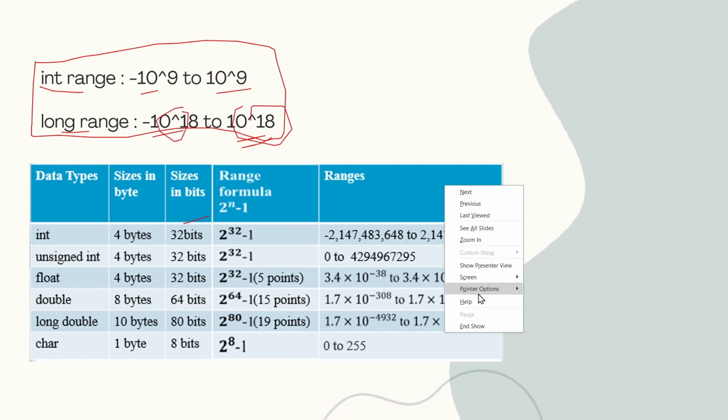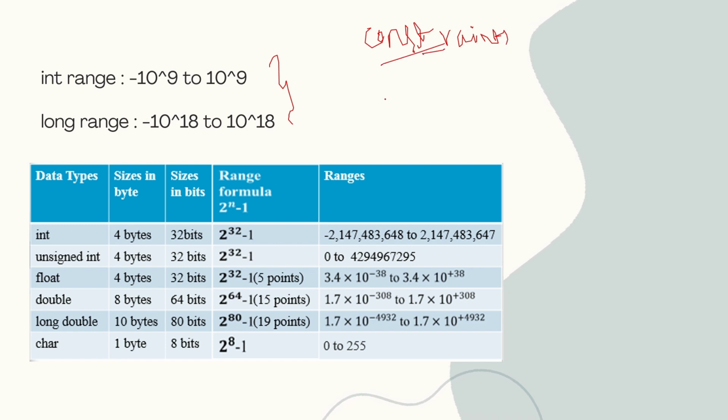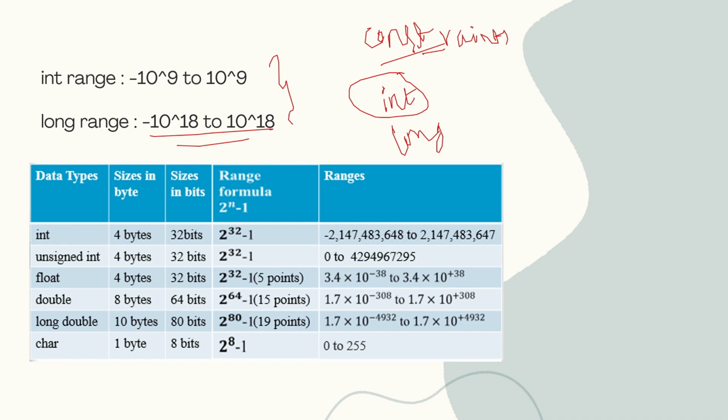Okay, so basically these two things will be very crucial when you're trying to solve problems where you will be given constraints, right? In problems they'll mention the constraints, and based on those constraints you can decide whether you need to take an integer or whether you need to take a long. Understand? If in constraints they have mentioned 10 power 18, then there is no chance that you take integer, because you cannot store that large a value.